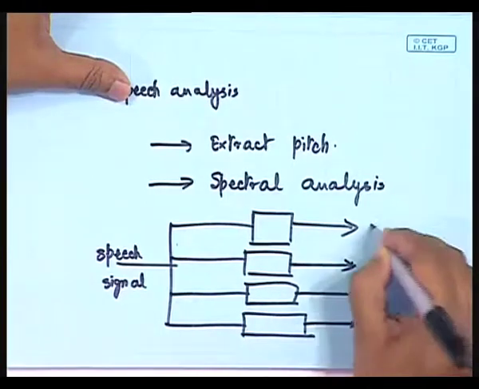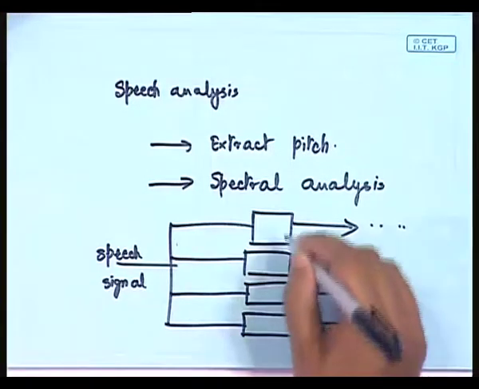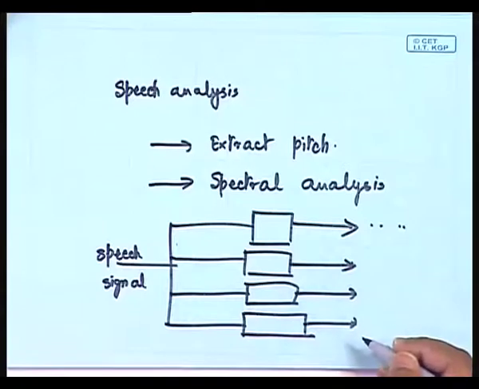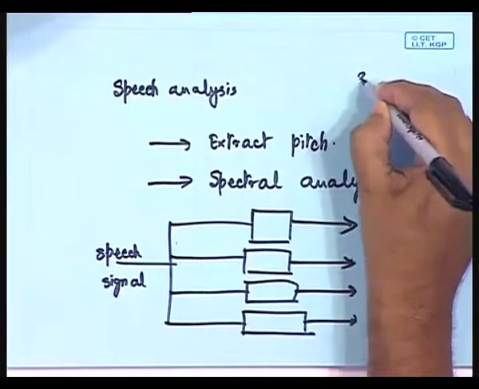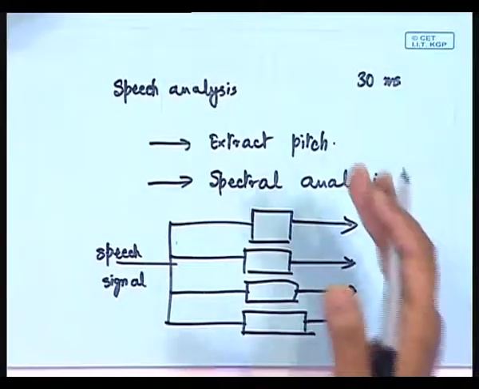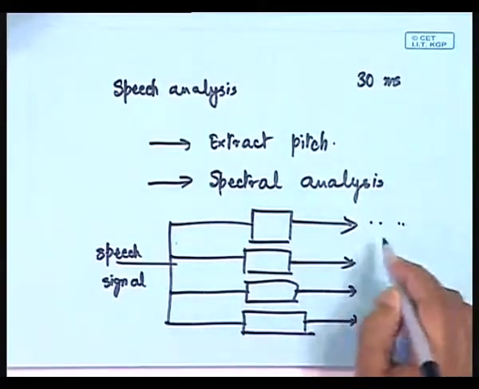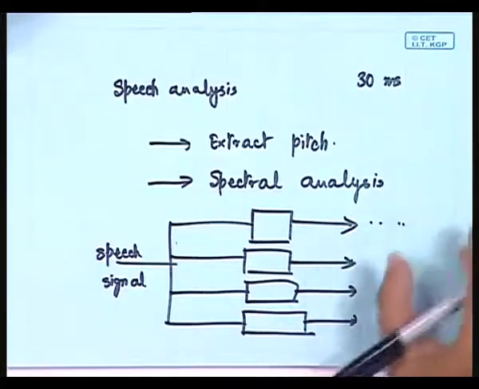For the individual band pass filter outputs, we can compute the energy for a given quasi-periodic short time interval. If we take some time interval like 25 milliseconds or 30 milliseconds, let us say, then for 30 milliseconds we should be able to extract the energy that corresponds to the different bands.